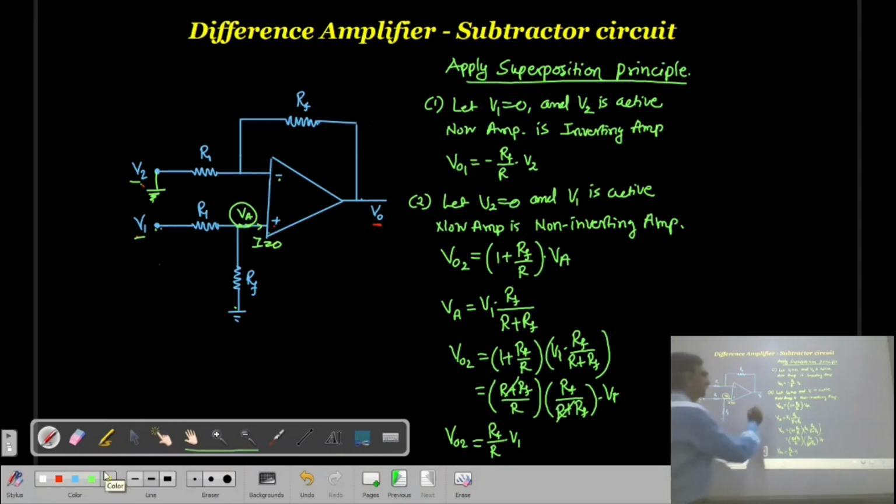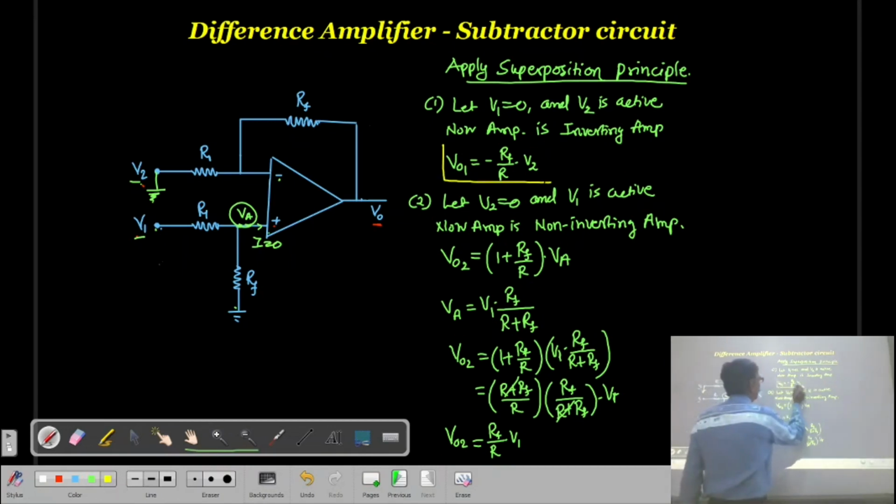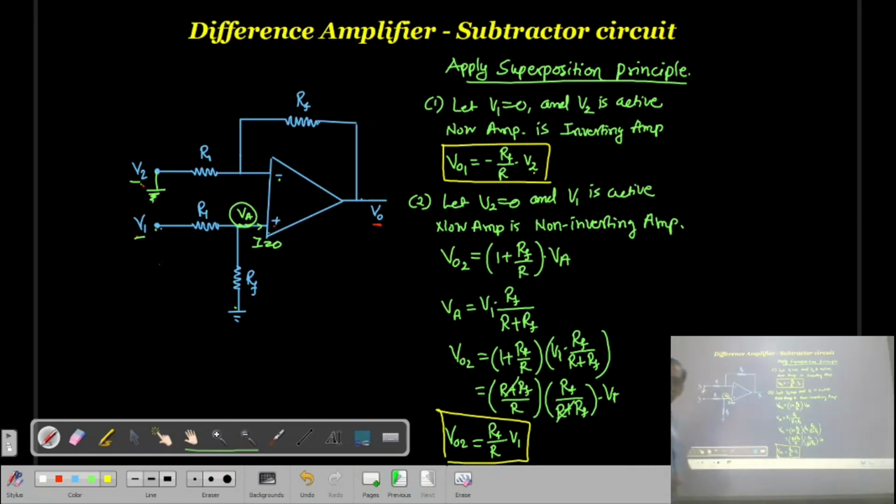So try to understand. Here we have this output voltage due to the voltage V2. This is the output voltage due to the voltage V1. Now, according to the superposition principle, what can we write?